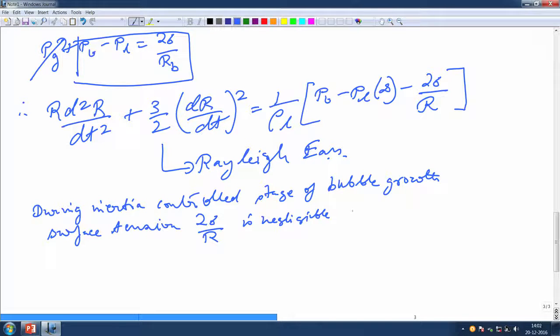And what you have is that P_v minus P_L infinity is given as rho v h_LV times (T infinity minus T sat).